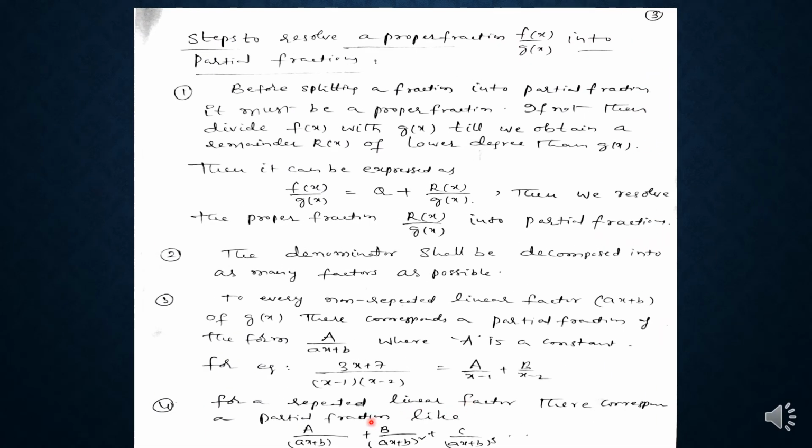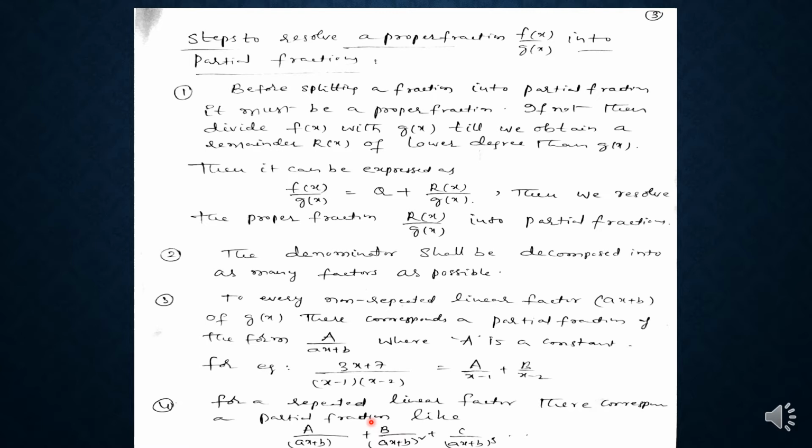So how do we resolve a given proper fraction into partial fractions? Suppose we are given a rational fraction and we have to resolve it into partial fractions. That means we have to express the single given fraction as a sum of two or more fractions.